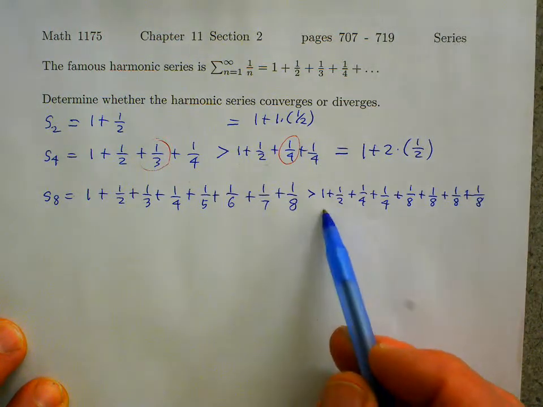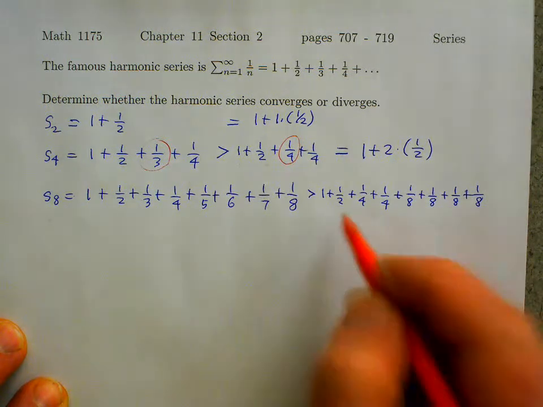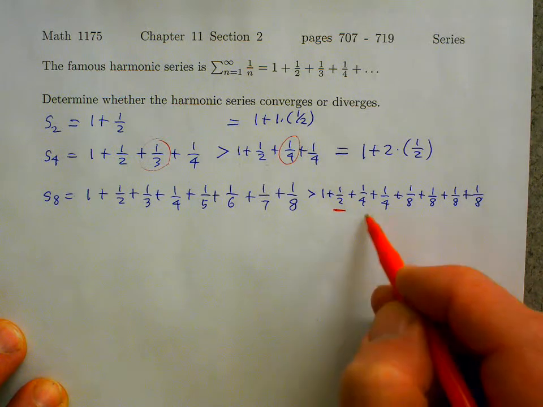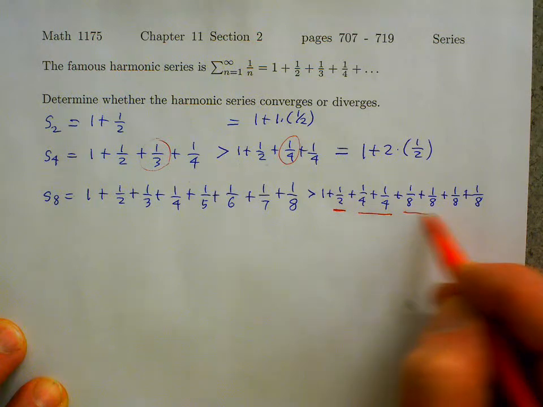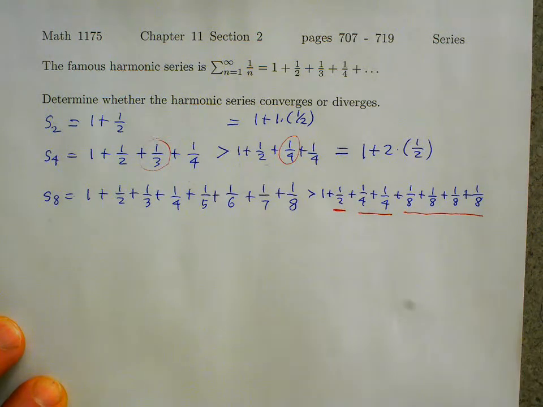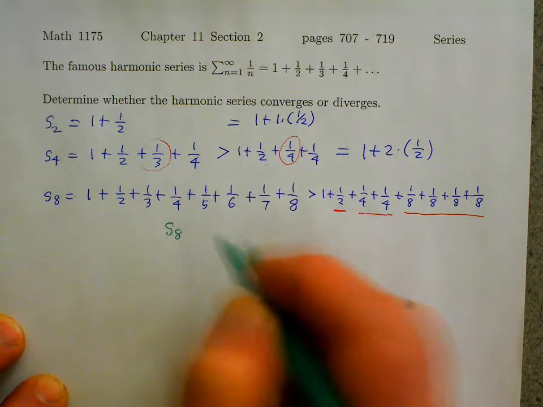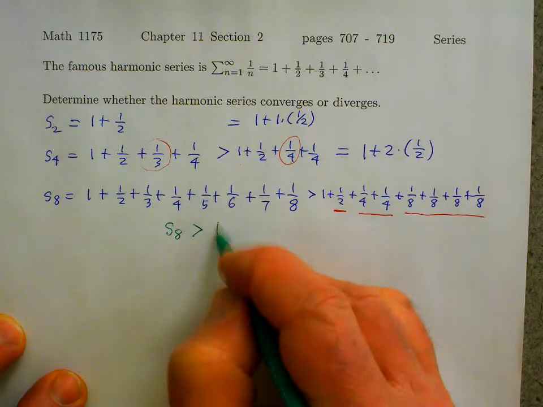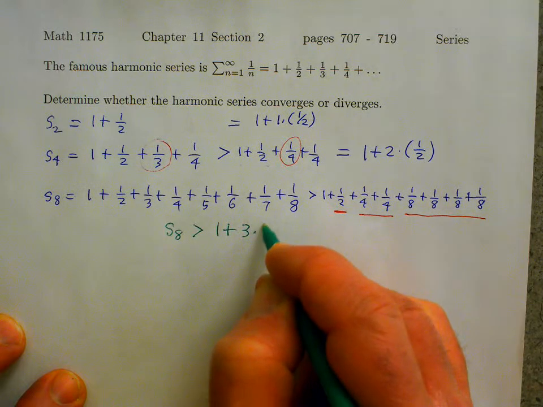But what do I have on the right-hand side? I have 1 plus 1/2 plus another 1/2 plus a third 1/2. So S sub 8 is greater than 1 plus 3 times 1/2.